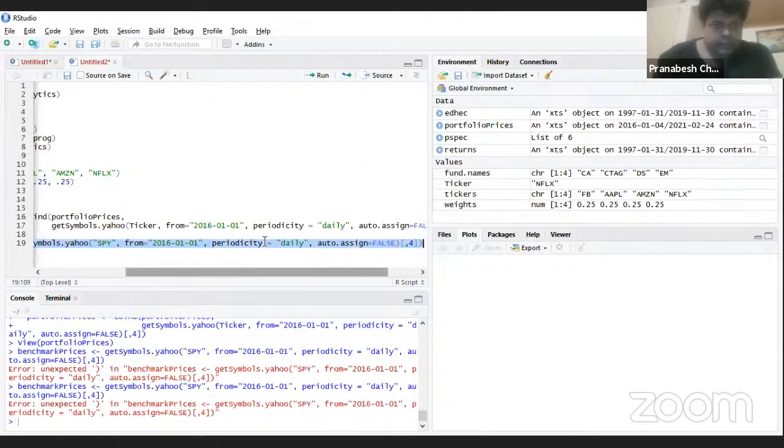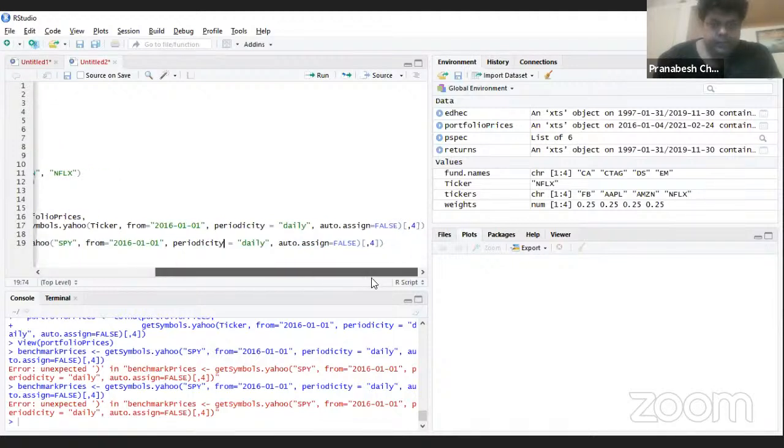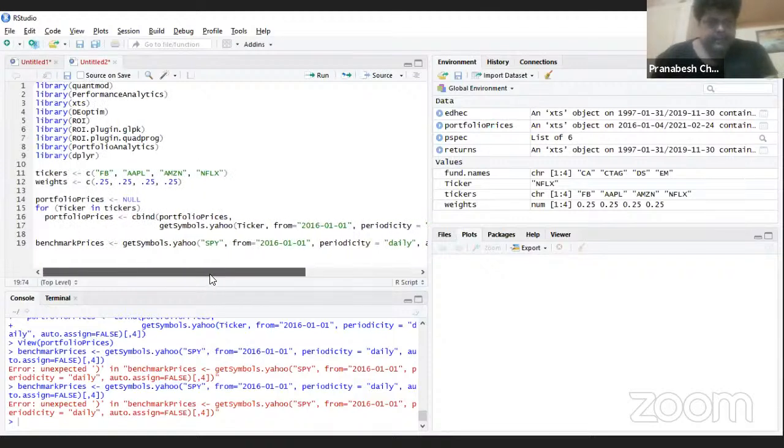Periodicity equals daily, auto.assign equals false. It's correct, right? There is a mistake: it is getSymbols, not Yahoo.